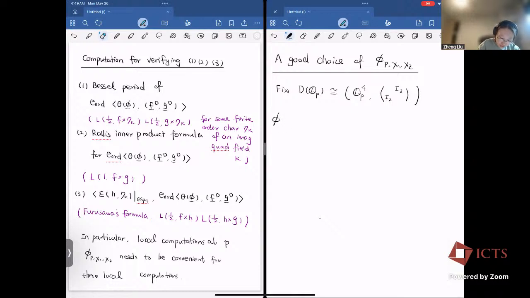Then I will write elements in D of Qp as 4x2 matrices with entries in Qp.